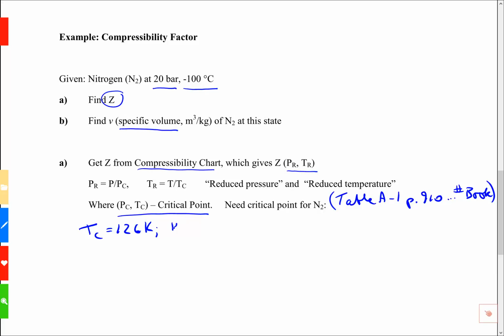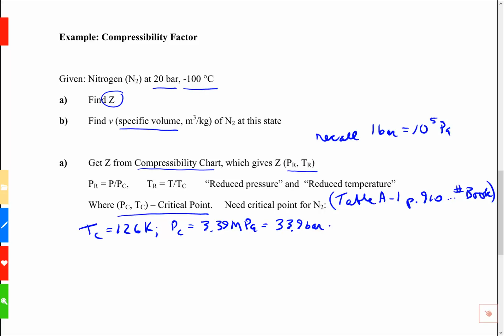The critical pressure was 3.39 megapascals. Let me convert that to bar. That's going to be 33.9 bar. Recall that 1 bar is 10 to the 5th pascals, and of course a megapascal is 10 to the 6th, so that's the conversion there.